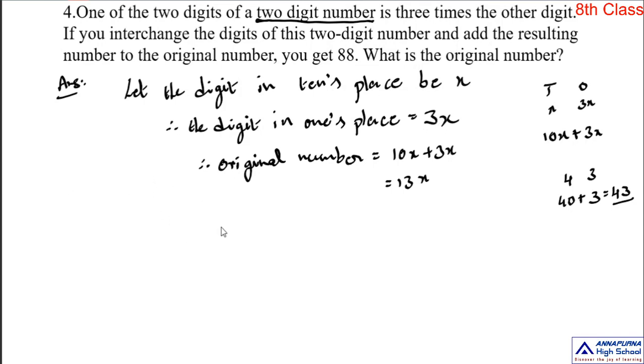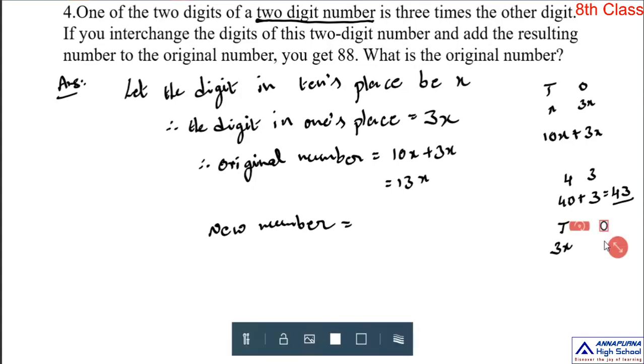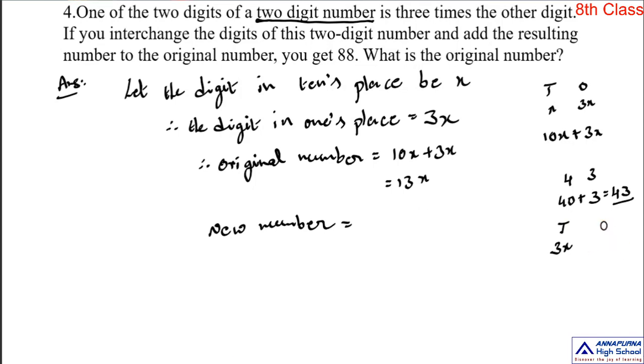After interchanging the digits in the two-digit number, the new number is equal to, here you are interchanging the digits, that means in tens place, which one you take? Yeah, 3x. Why? Because in the original number 3x is in ones place, so you interchange. Yes, now you can take the 3x in tens place, and in ones place, that is x.